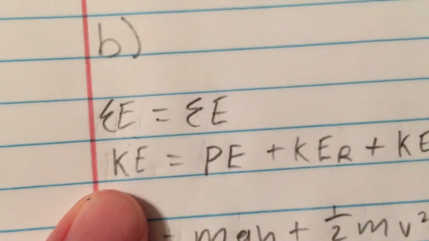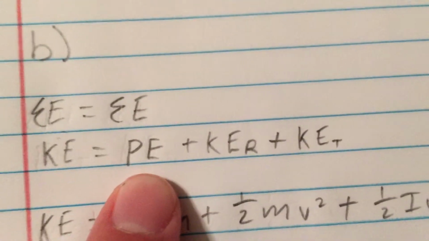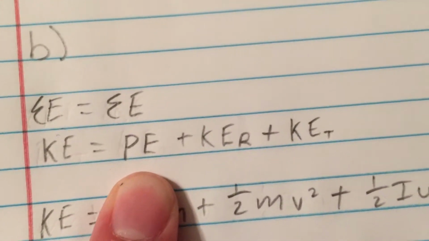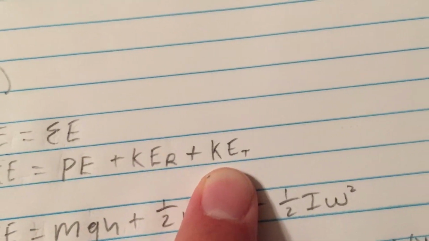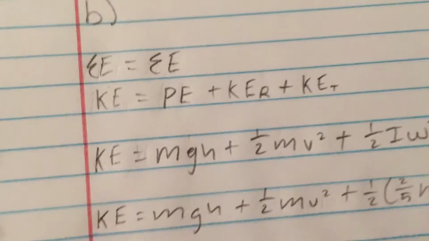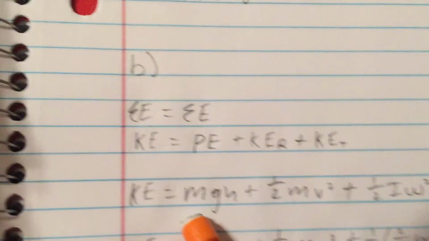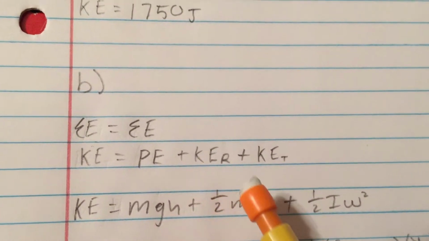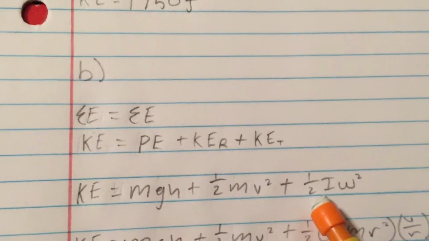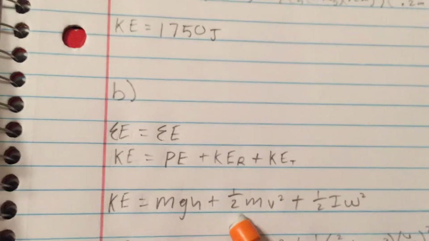And before there's just kinetic energy because it's going along a flat surface, but after there is potential energy as well as rotational kinetic energy and translational kinetic energy. So I broke down potential energy into mgh and rotational kinetic energy into 1/2 moment of inertia angular velocity squared and translational kinetic energy into 1/2 mass velocity squared.